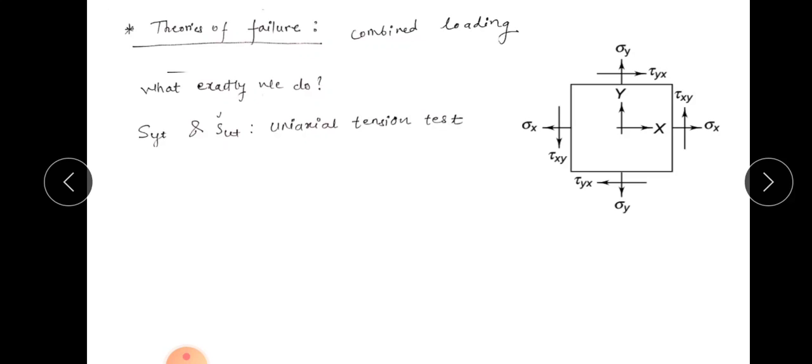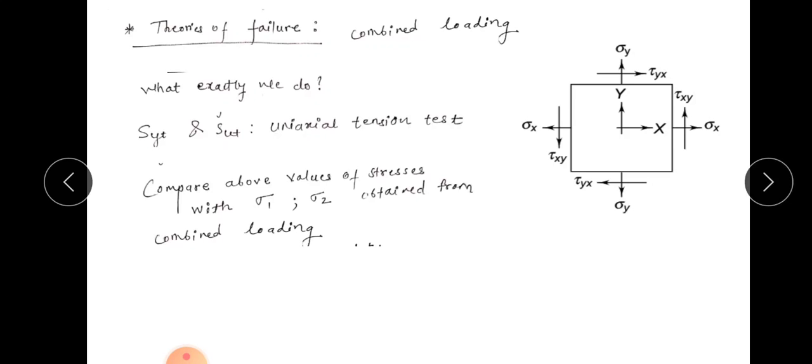In the tension test, as I have already explained, the specimen is axially loaded in a uniaxial direction. It is not subjected to bending moment, torsional moment, or any combination of loads. It is a pure uniaxial load. Then we consider a practical case of combined loading of the same material, and with the help of principal stresses and the Mohr circle, we obtain the values of sigma 1 and sigma 2, the principal stresses.